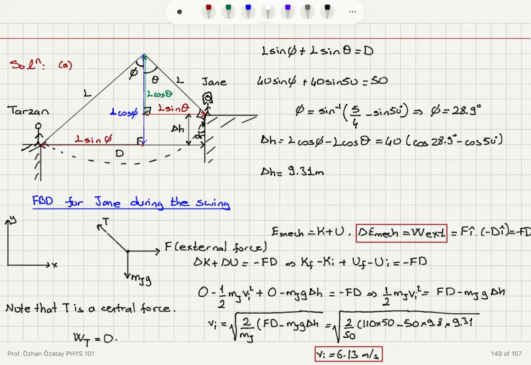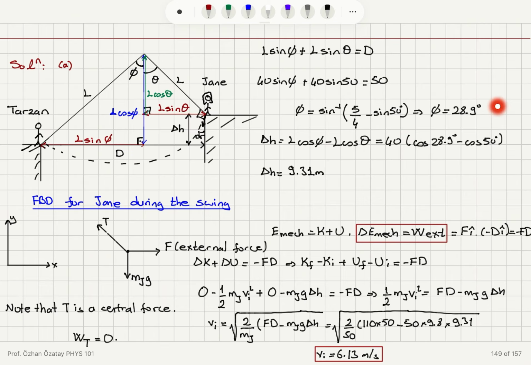First we considered the geometry. We found that the perpendicular distance between Jane and Tarzan must be L cosine phi minus L cosine theta, the blue minus the green, and the horizontal distance between Jane and Tarzan is L sine phi plus L sine theta, which is d.